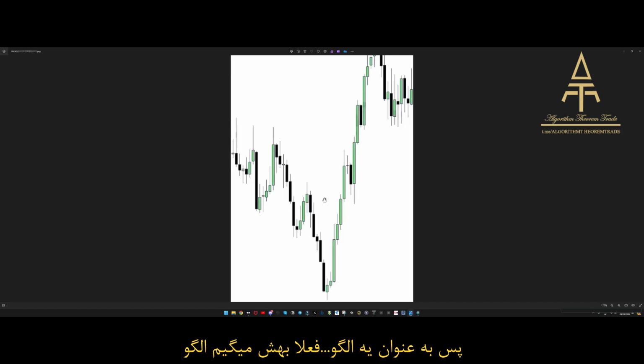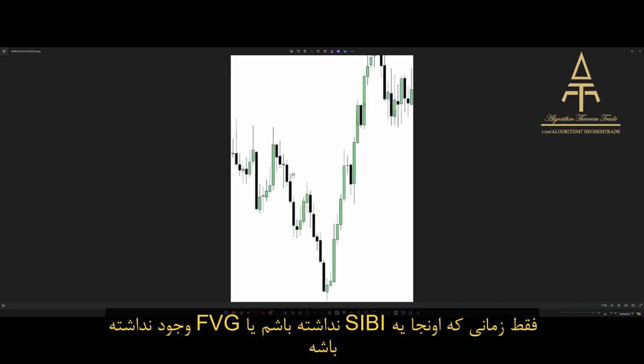So as a pattern, we're going to call it a pattern for now. What most educators showcase is the fact that we've got a breaker and we've got a fair value gap, and we're waiting for that retest of the fair value gap and the breaker, and this is where we enter. Which is okay, and I still do that to this day, only when there's no SIBI on this side or no fair value gap.